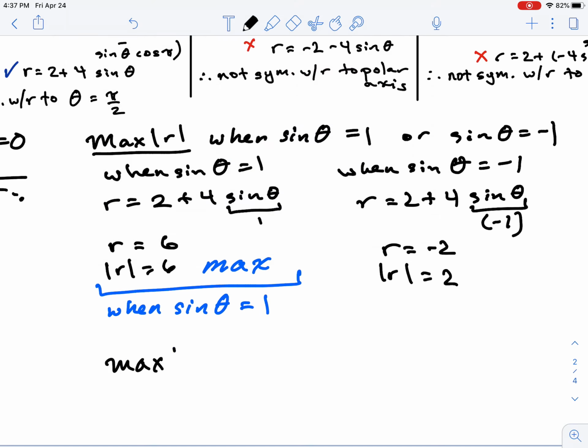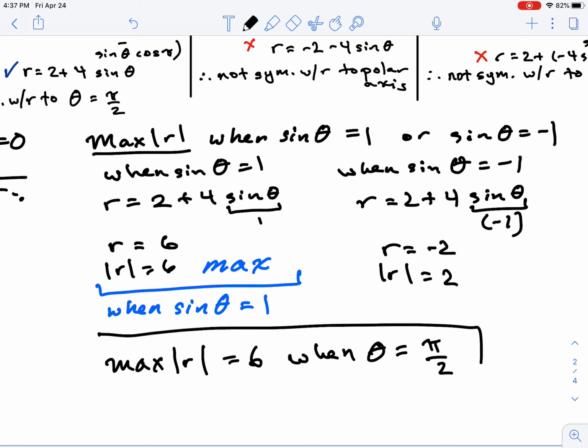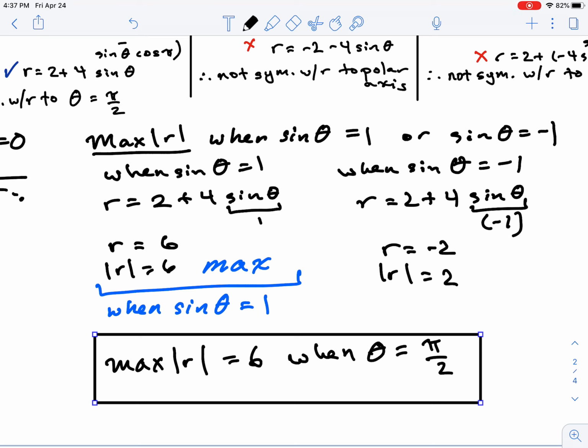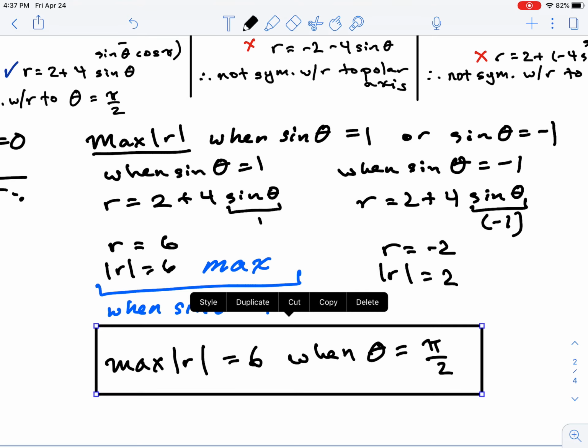So our max value of r is equal to 6 when sine of theta is equal to 1, or more succinctly, when theta is equal to pi over 2. You might ask, couldn't I have just said the maximum occurs at pi over 2 because that's when sine of theta is 1?